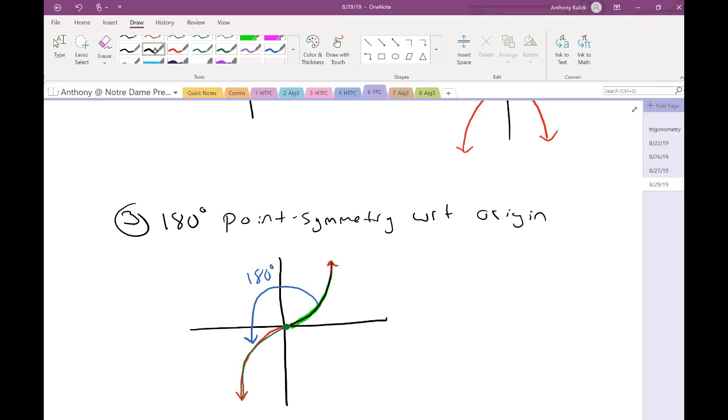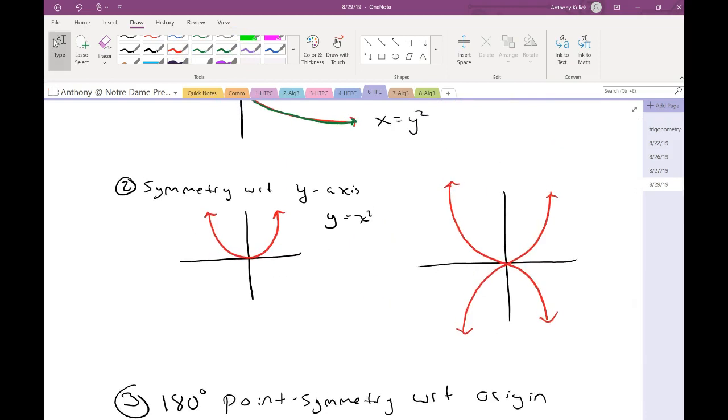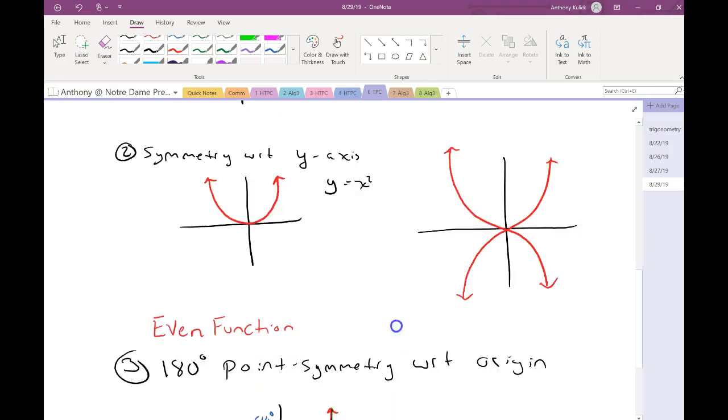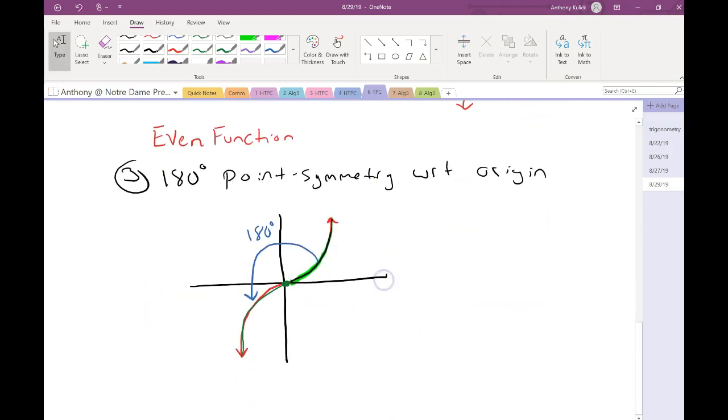These situations where we have symmetry about the y-axis and this 180 degree point symmetry with respect to the origin also have special names. We call the symmetry with respect to the y-axis even functions, and the 180 degree point symmetry with respect to the origin an odd function.